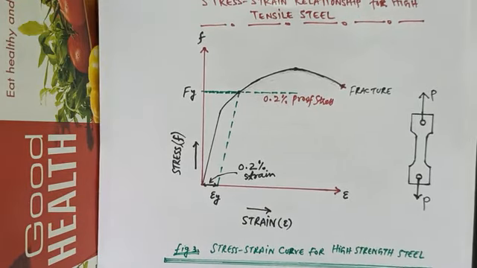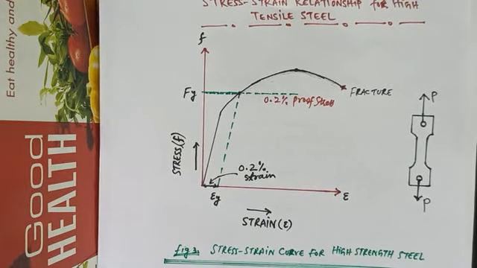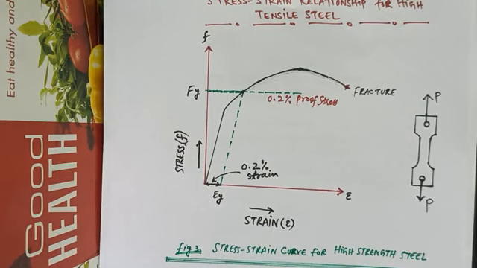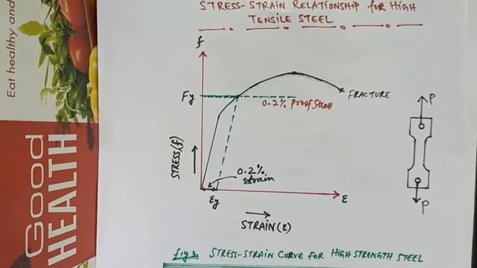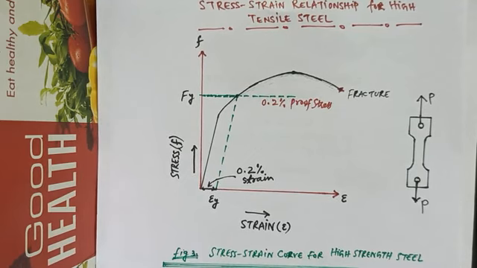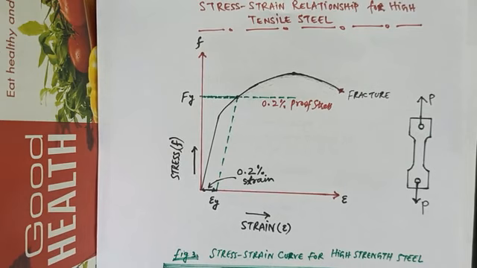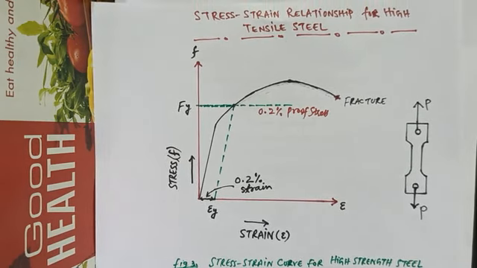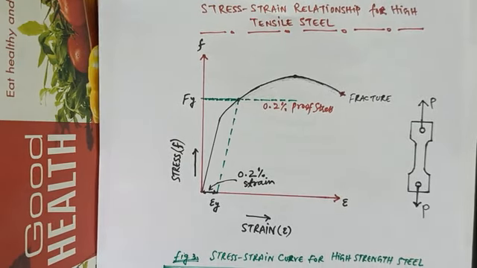Now we have high tensile steel, and for high tensile steel the stress strain relationship is as shown in the figure. For high tensile steel there is no apparent yield point because there is a continuous curvature in the stress strain diagram.